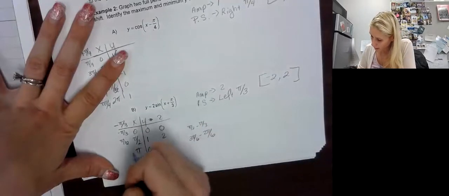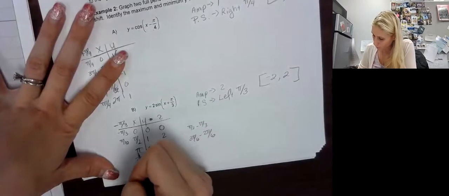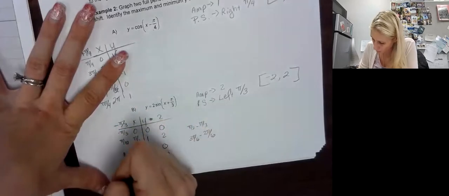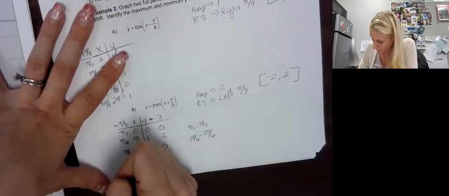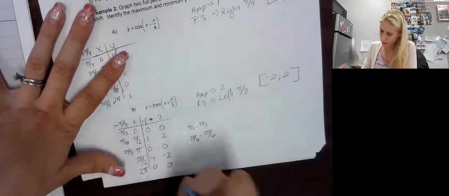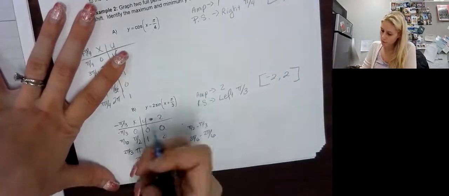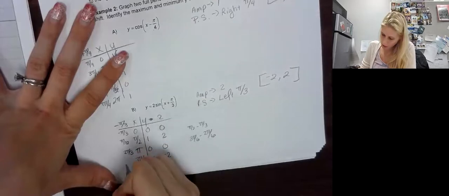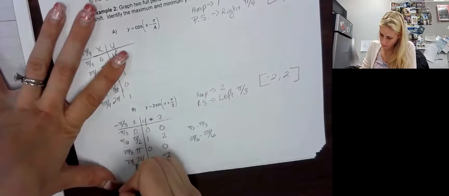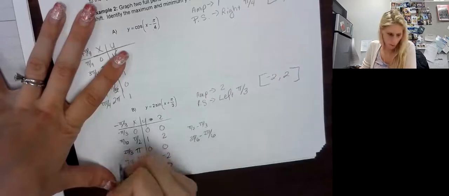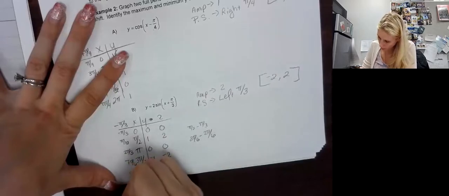So I get 3 pi over 3 minus 1 pi over 3, which is 2 pi over 3. 3 pi over 2 minus pi over 3, when you do that fraction out, you get 7 pi over 6. Let's see, 2 pi, that would be 6 pi over 3, so 5 pi over 3.